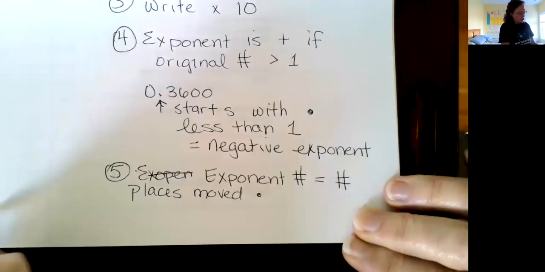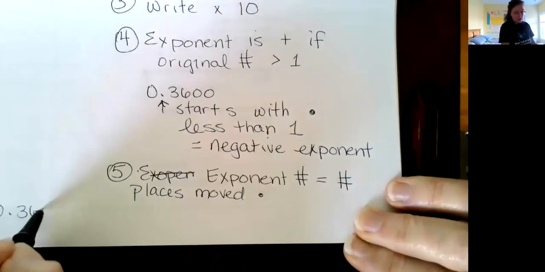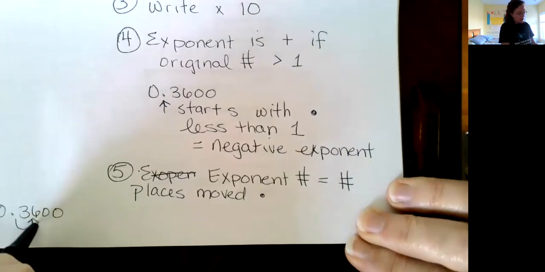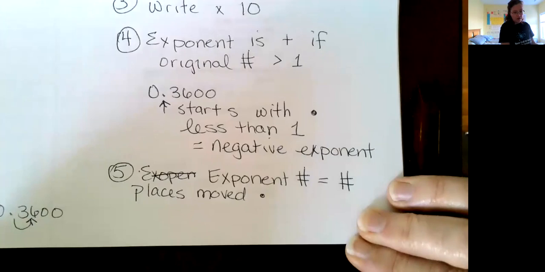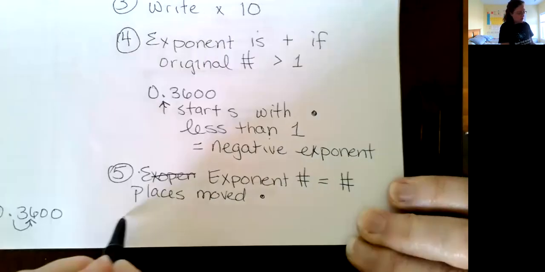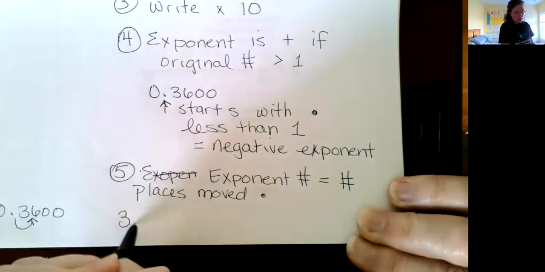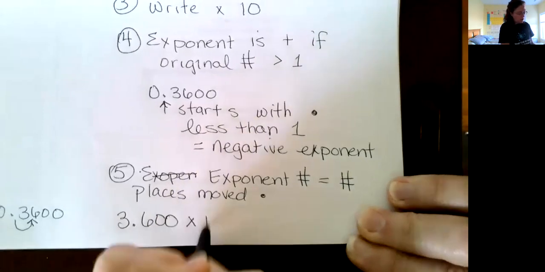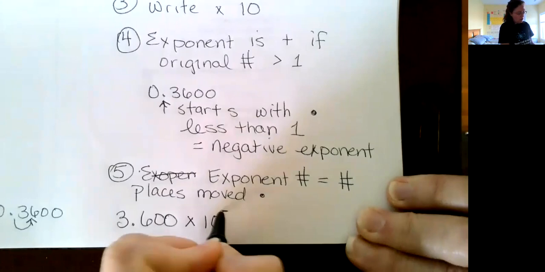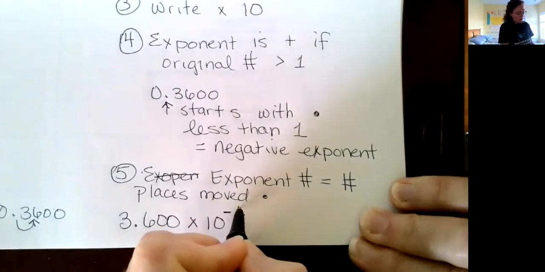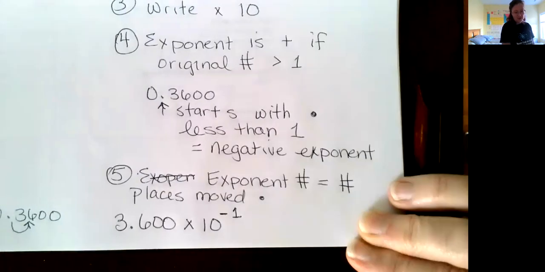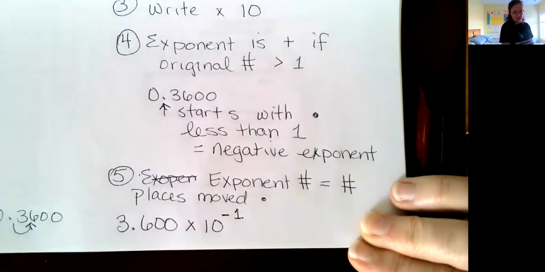Well, originally it was 0.3600, and we moved it 1 spot to get it behind the 3. So our final answer then is 3.600 times 10 to the negative 1. And I do have to write the 1 there. Can't have an invisible 1 when it comes to scientific notation.